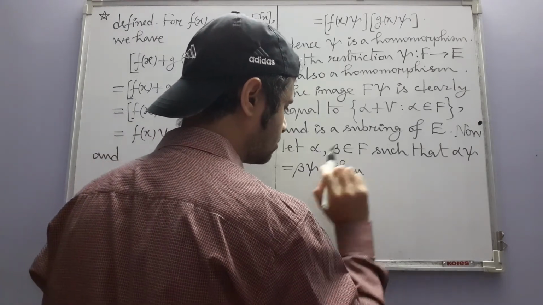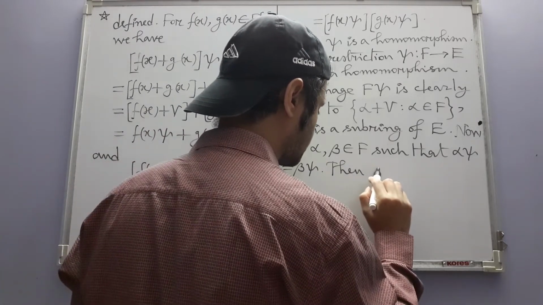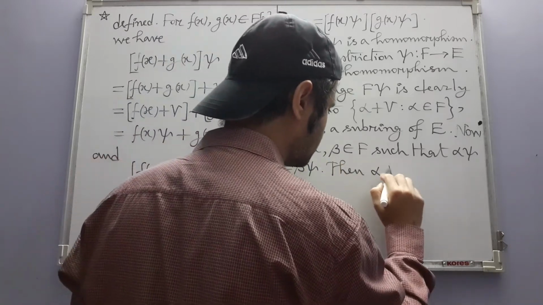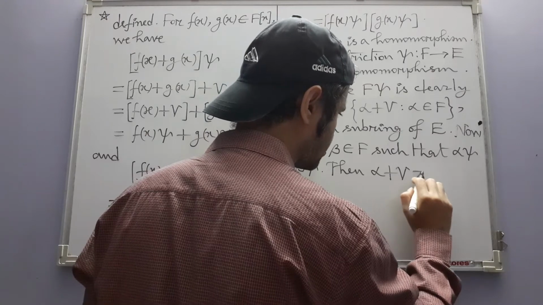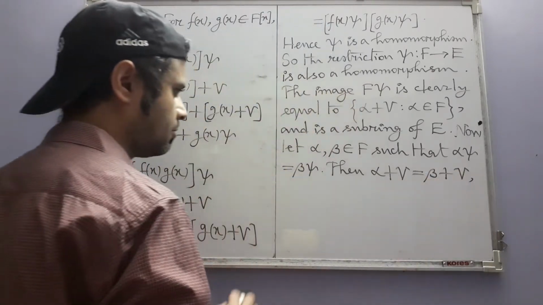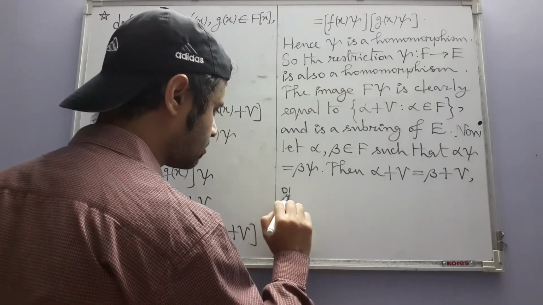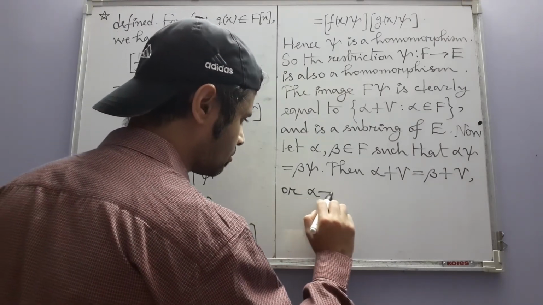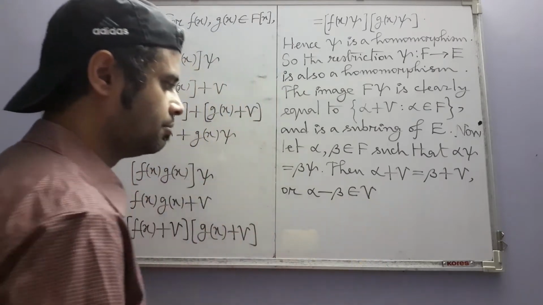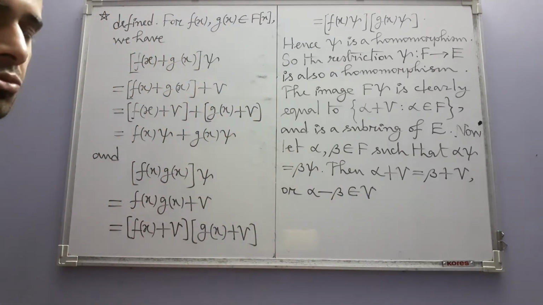Then alpha psi means alpha plus V, and beta psi means beta plus V, and this implies this difference belongs to V. Now belonging to V means what?